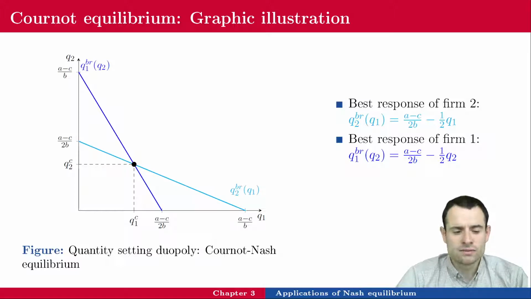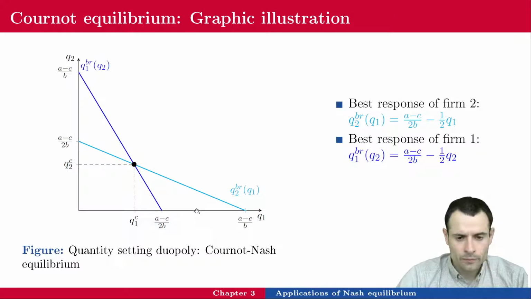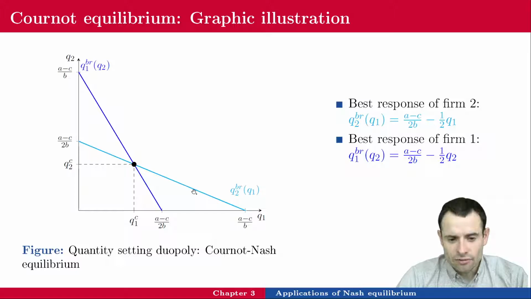If you want to see this, think about firm 2, so think about the cyan blue curve. If Q1 is equal to this point here, the best response of firm 2 is going to be here. But if firm 2 chooses this quantity that you can align here, the best response of firm 1 is not to choose this number, it is rather to choose this number.